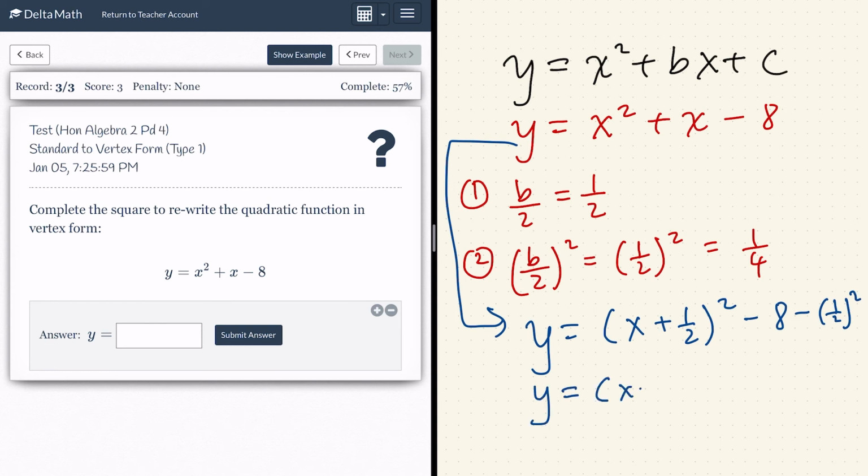So it would be x plus 1 over 2 squared minus 8 minus 1/4. So we need to do a little bit of math here, and figure out what minus 8 minus 1/4 is.